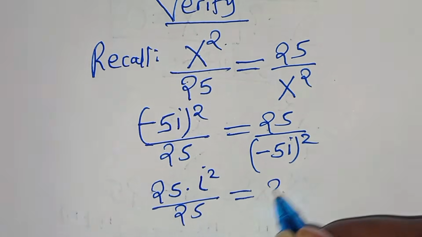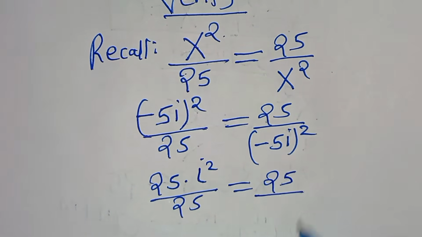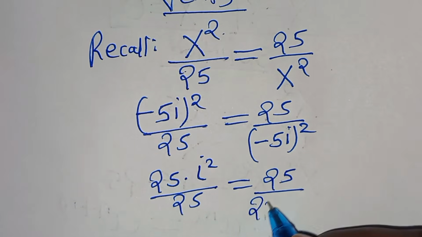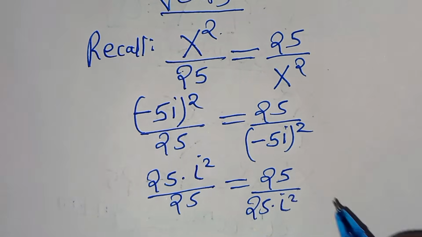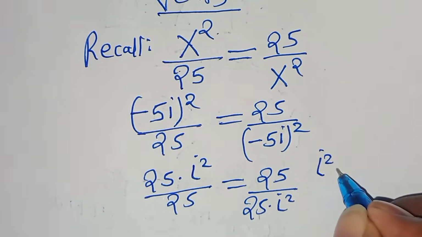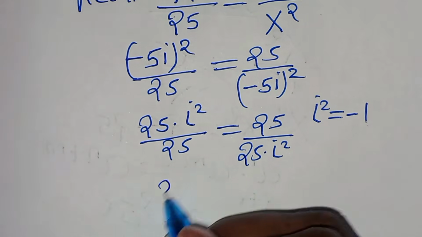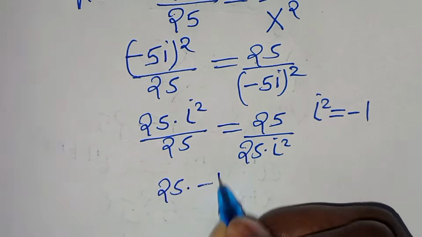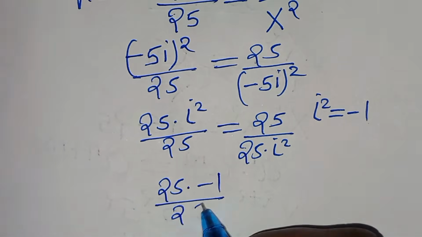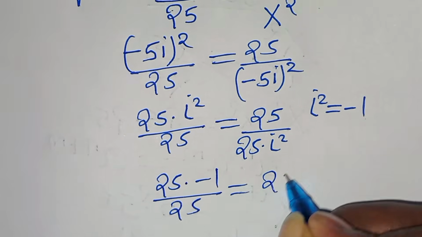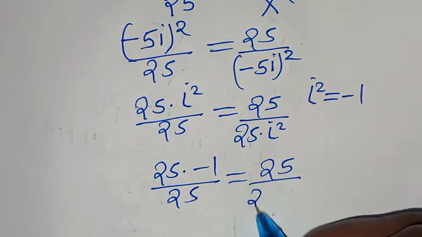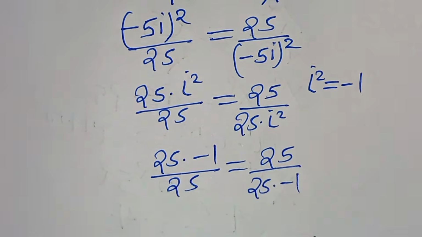This is equal to 25 divided by minus 5 squared, which is 25 times i squared. Remember, i squared is equal to minus 1. So this means we have 25 multiplied by minus 1 divided by 25. This is equal to 25 divided by 25 times minus 1.